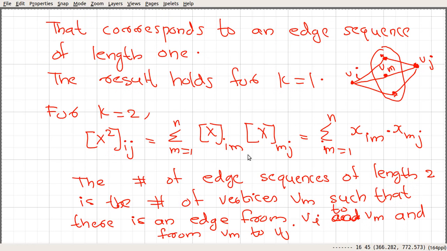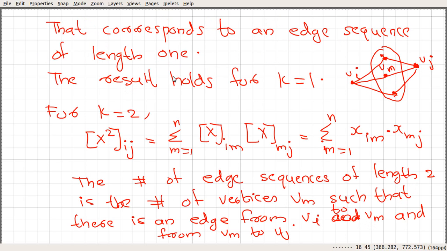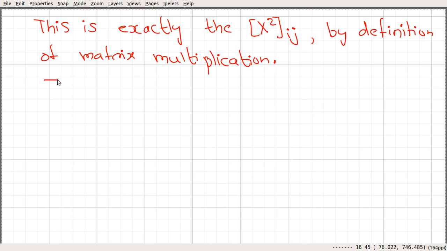That's what we wrote here. The number of edge sequences of length 2 is the number of vertices Vm such that there is an edge from Vi to some intermediate vertex and from Vm to Vj. This is exactly the ijth entry of X squared, and it follows from the definition of matrix multiplication. And that says the result holds for k equal to 2.